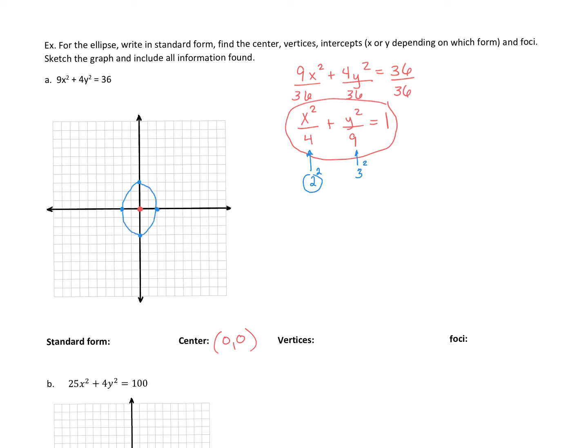Now notice that it's taller than it is wide, and that's because the number underneath the y coordinate was the bigger number. So we have this in standard form right here. We found the center, 0, 0. Our vertices, remember, are on the major axis, so 0, 3 and 0, minus 3.